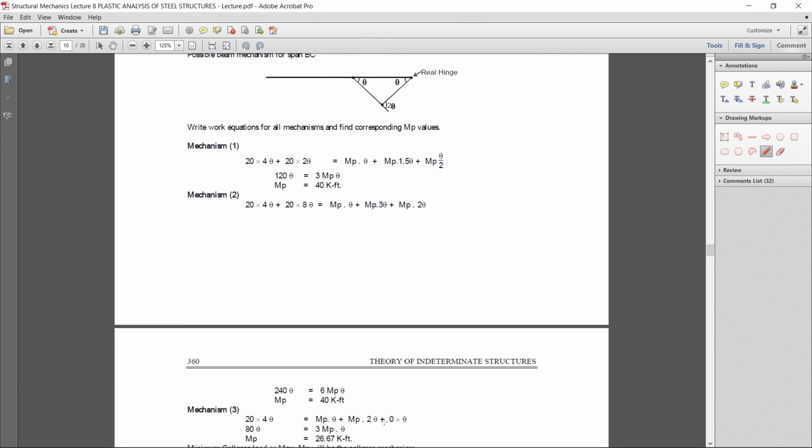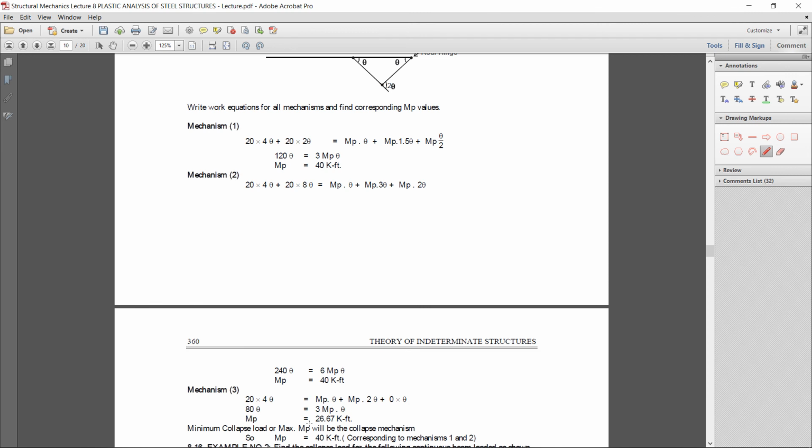So I am putting the values: 20 into 4 theta is the external work done. For the internal work done, Mp into theta, Mp into 2 theta, and that is a real hinge, so that's why 0. No plastic hinge will form, that is already a real hinge, that is why 0 into theta. So you will get the Mp value of 26.67 cubic feet.